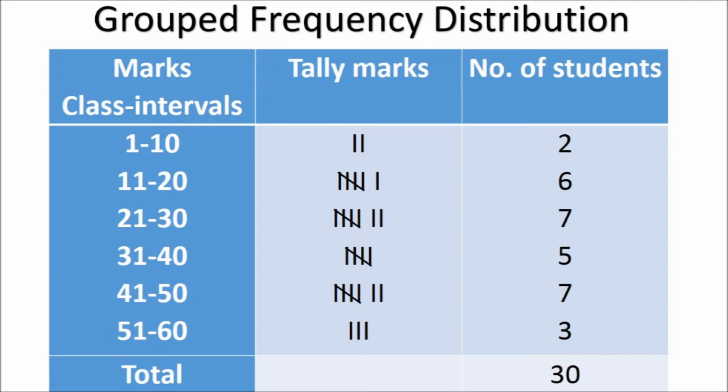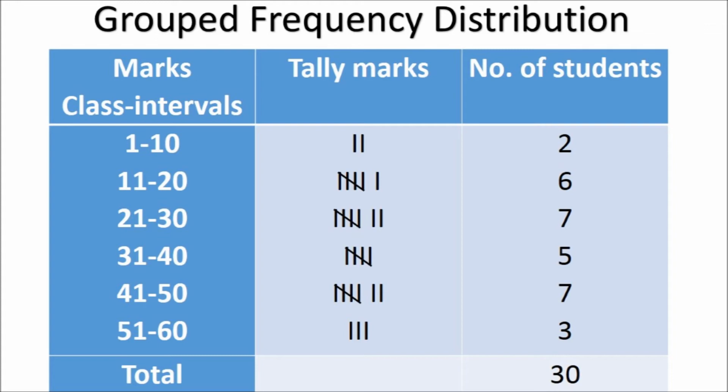Like in our example of marks obtained by 30 students in a class test, the marks are grouped in class intervals beginning as 1 to 10, 11 to 20, and so on. So the number of students who obtain marks between 1 to 10 are 2. Those who obtain marks between 11 to 20 are 6, and so on.